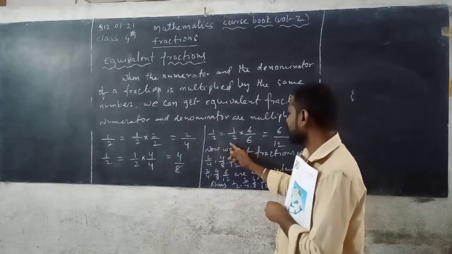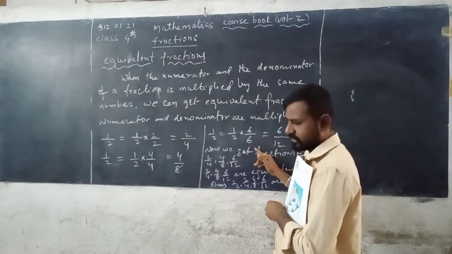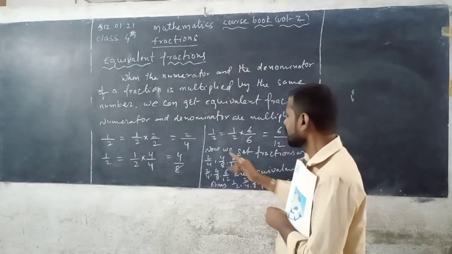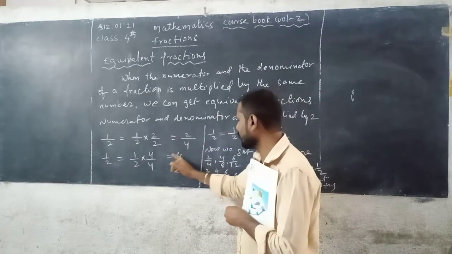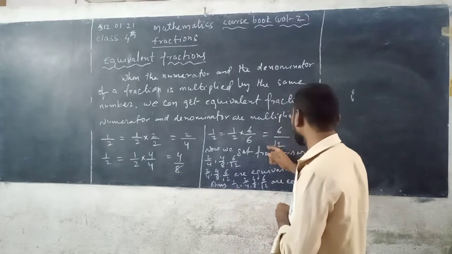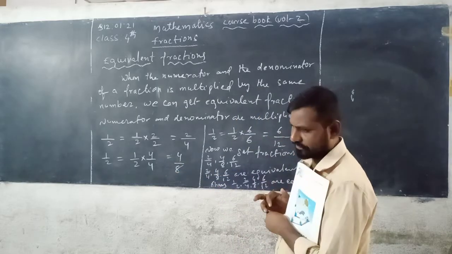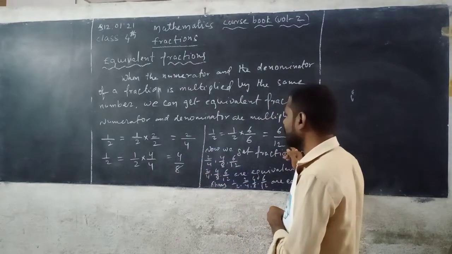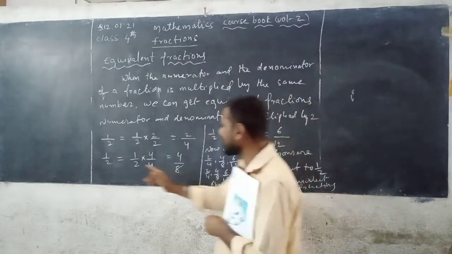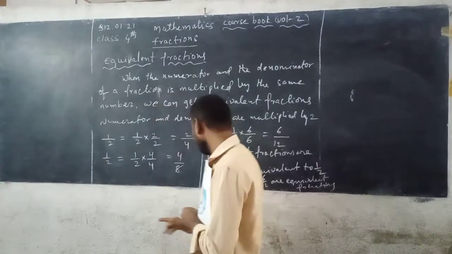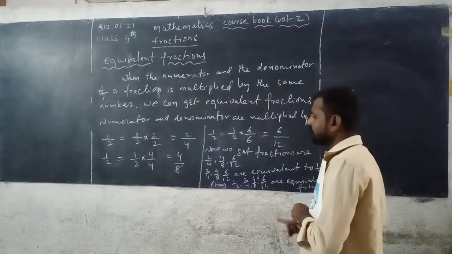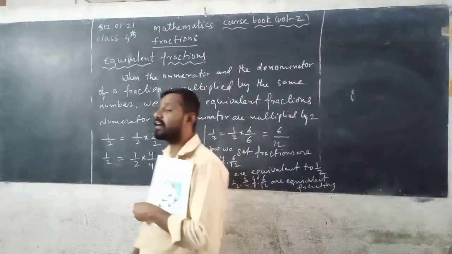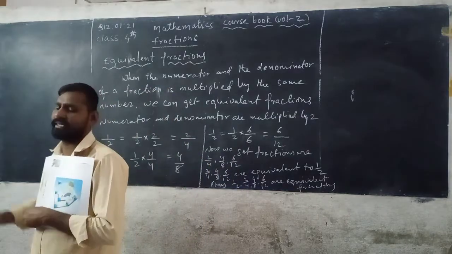Again 1 by 2 multiplied by 6, you get 6 by 12. These are the new fractions 2 by 4, 4 by 8, 6 by 12. These fractions are equivalent to 1 by 2. So 1 by 2, 2 by 4, 4 by 8, 6 by 12 are called equivalent fractions.